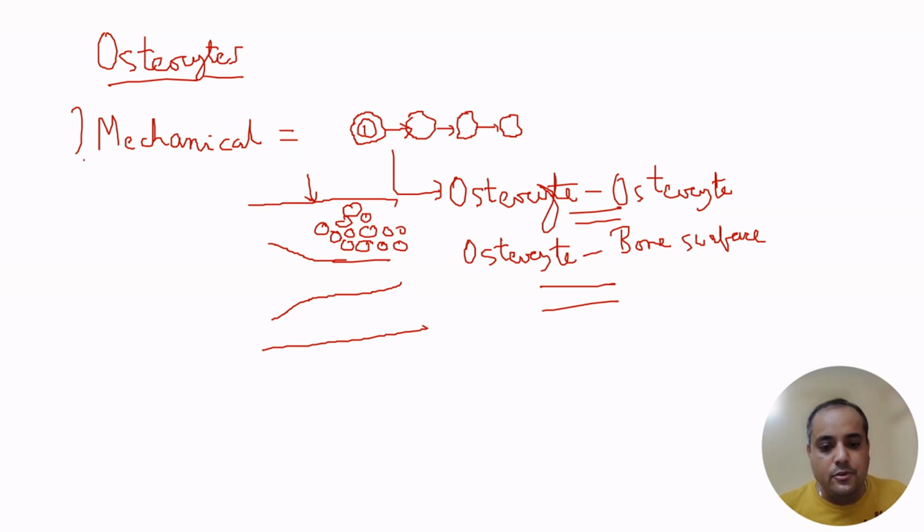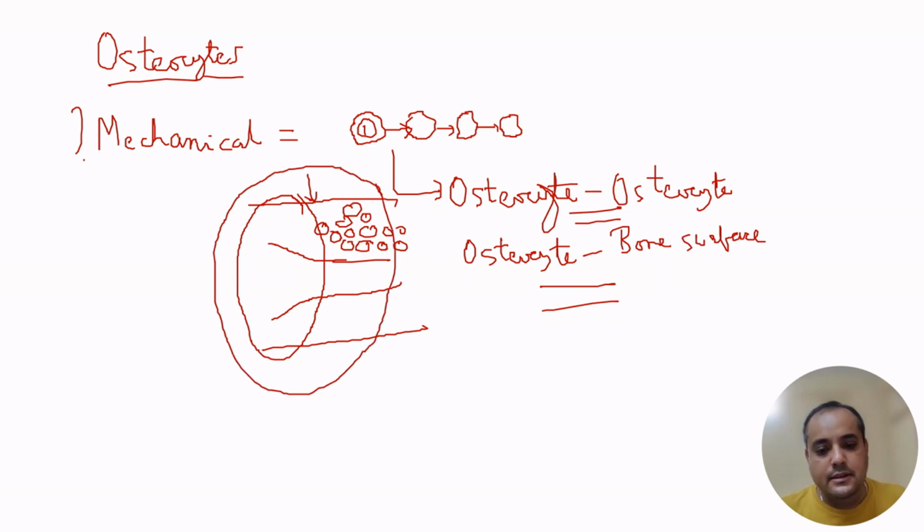Now this is a cut section. Just imagine that you have a whole array of osteocytes surrounding this bone. This entire region, suppose you have only osteocytes, everywhere.